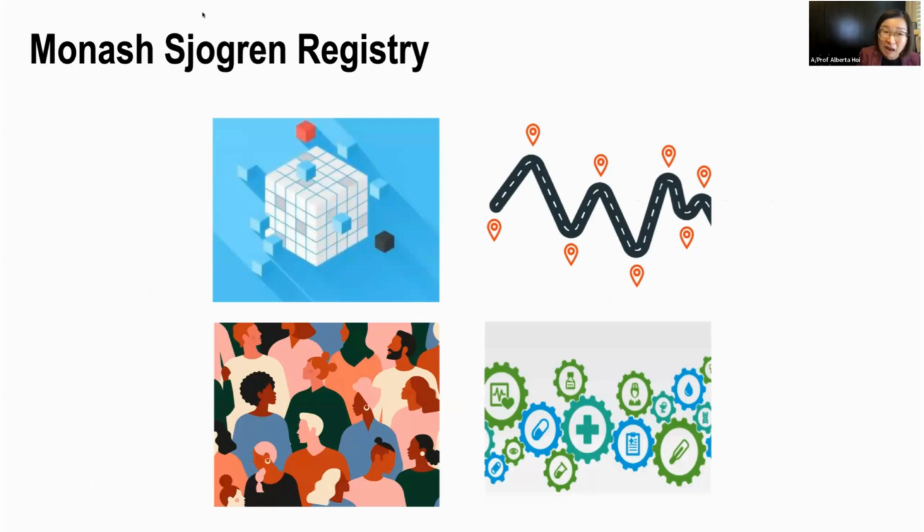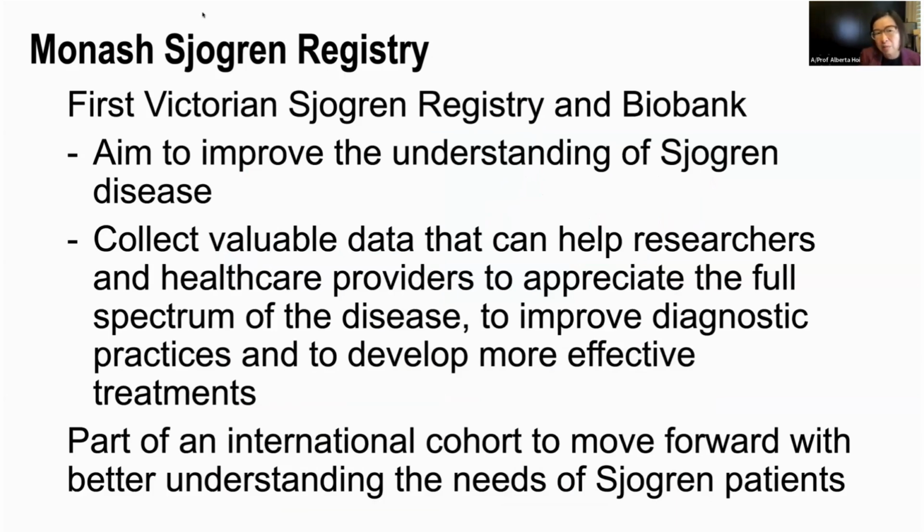The Sjogren's registry that we're setting up is actually modelled on a South Australian cohort study that has been established for probably a couple of decades now. Collectively, what we want to do is to improve our understanding of Sjogren's disease and to collect information and data from patients to help researchers and healthcare providers understand the full spectrum of the disease. We do hope that this is a joint effort together with other sites in Australia, and then also to take part in the international cohort studies as well.